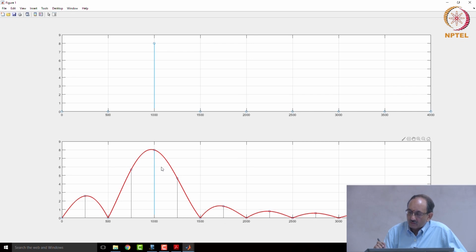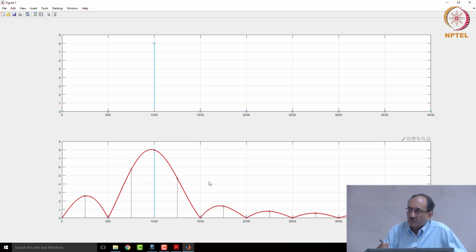For a given length, if the frequency were lower, which means this peak would move to the left and the image's peak will move to the right, which means the two sincs are coming closer to each other, you can expect more interference and hence the peak will have more shift. On the other hand, if the frequency were larger, the peaks will move away and the interference will be less.